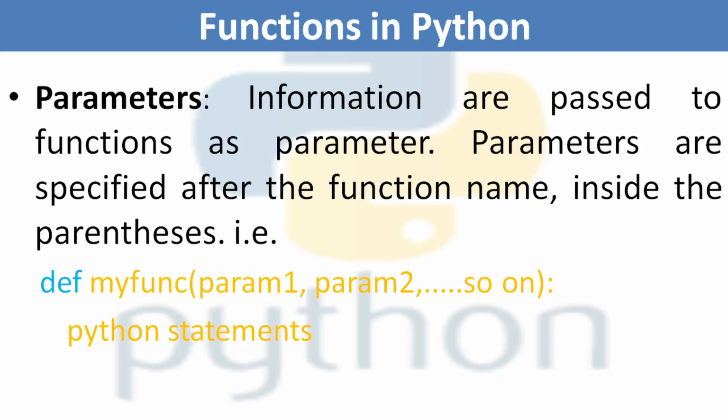We have not passed any arguments in the function. So we can pass information as a parameter, and parameters are specified after the function name inside the parentheses. Suppose here we have myfunc and then parameter 1, parameter 2 and so on. There is no limitation on the number of parameters to be passed to the function.